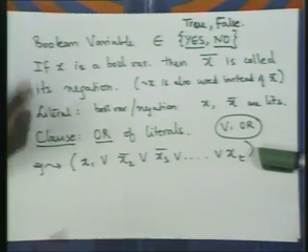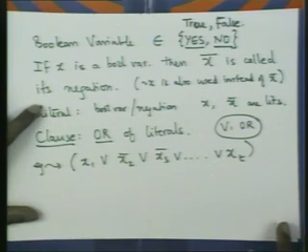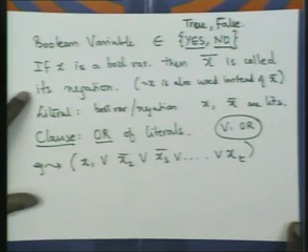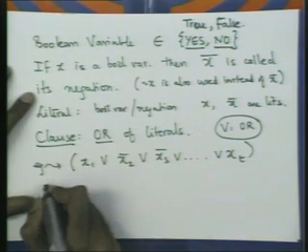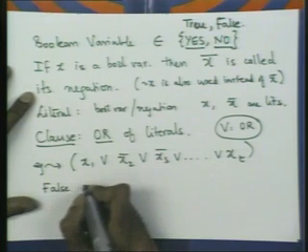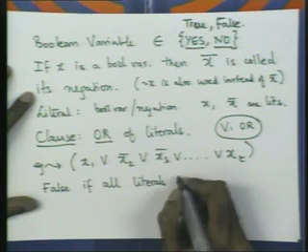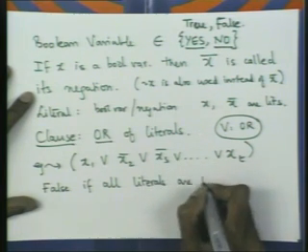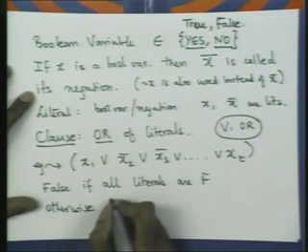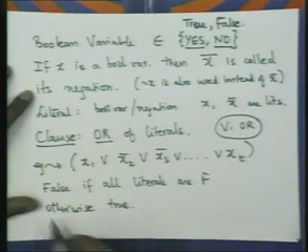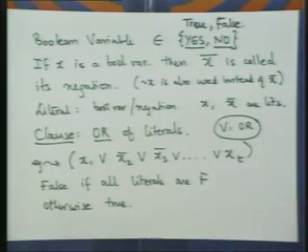If all of them are false, then it's false, otherwise it's true. Let me write this: it's false if all literals are false, otherwise true. You could have said it's false if and only if all literals are false. This is the usual OR.